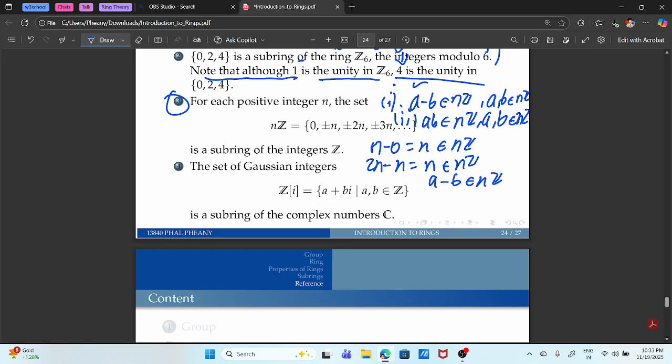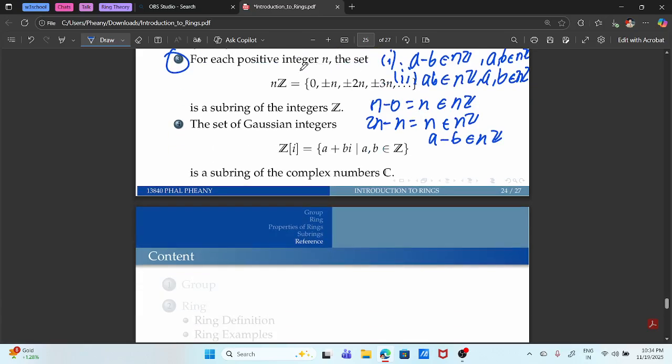And the second property, let's see. Okay, the second property is also the same.